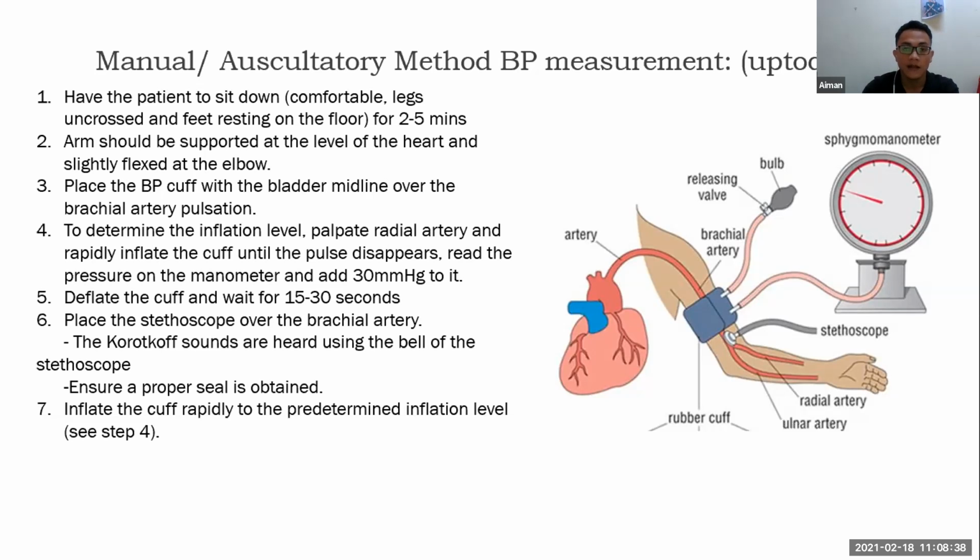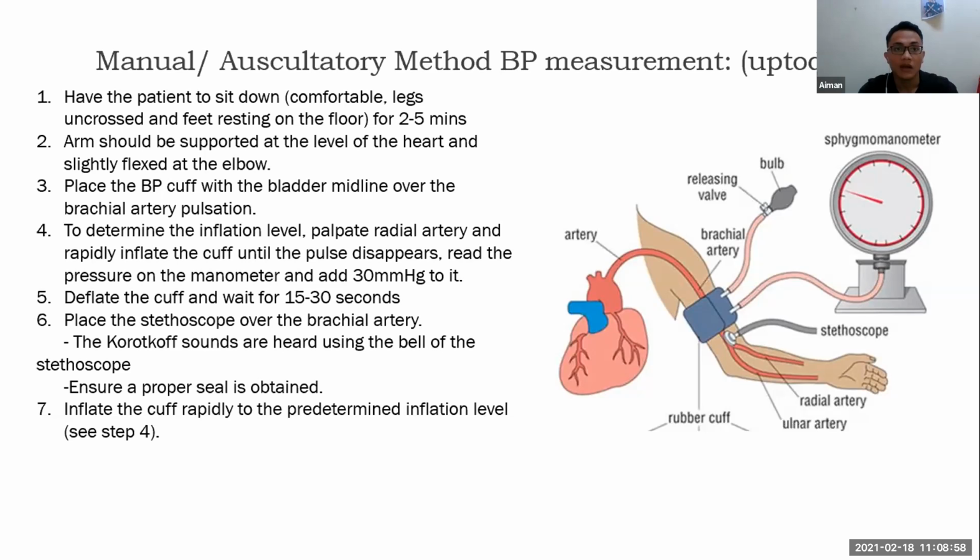So we know that. Because we don't want to inflate up to 300 millimeters of mercury, because it is too high. We just want to predetermine to what extent we have to inflate the cuff.